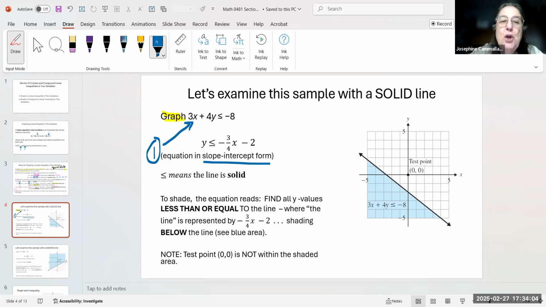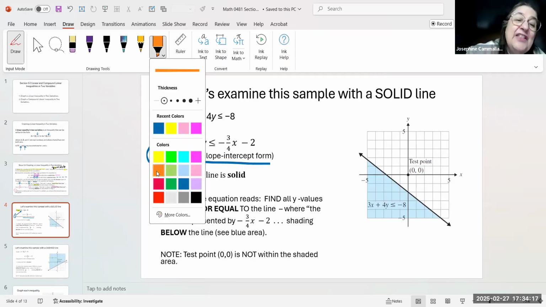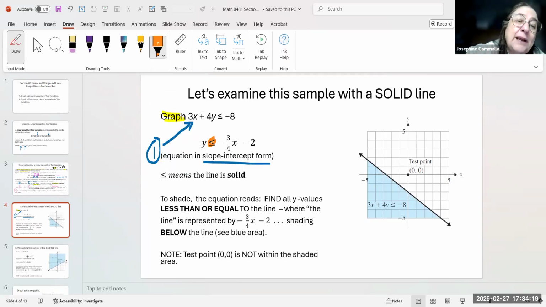This equation, which means I subtracted 3x and I divided by 4. Okay? Now, I then look at this symbol right here, or I could even go back to the original one. Do you notice that it has a line underneath that symbol? Which means I am drawing a solid line.